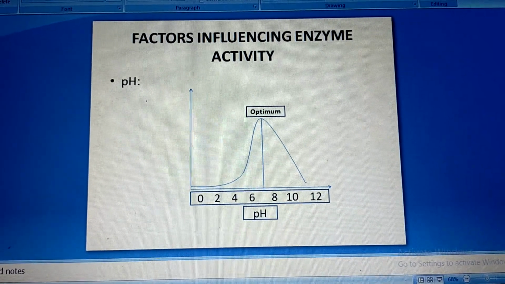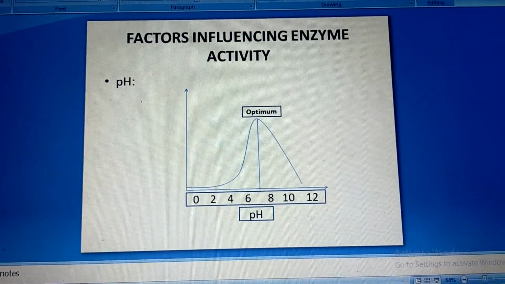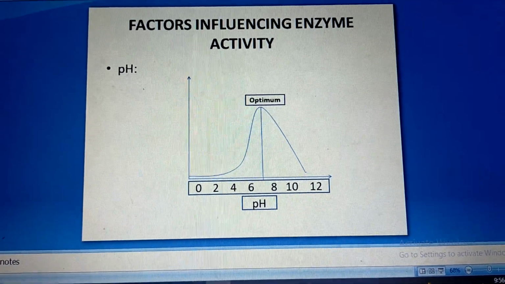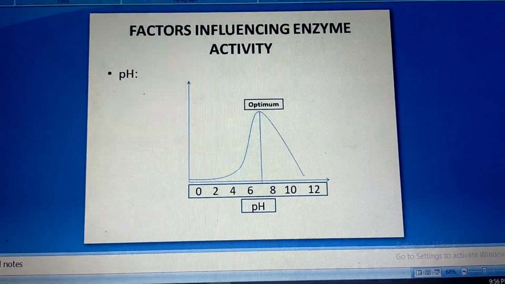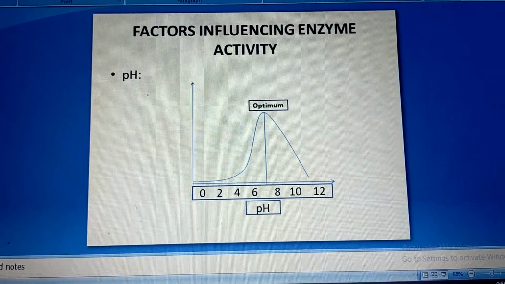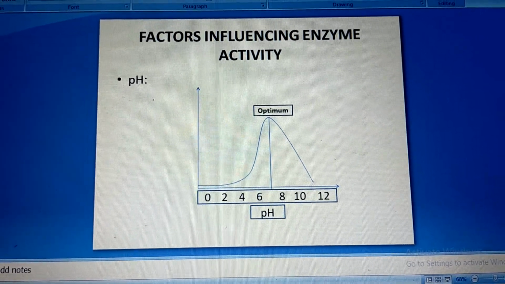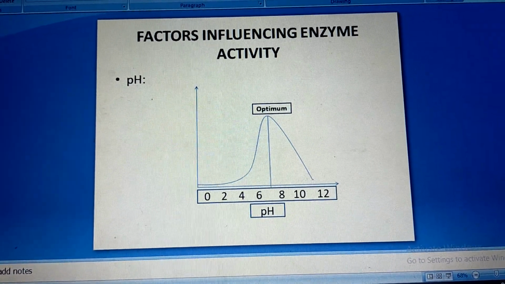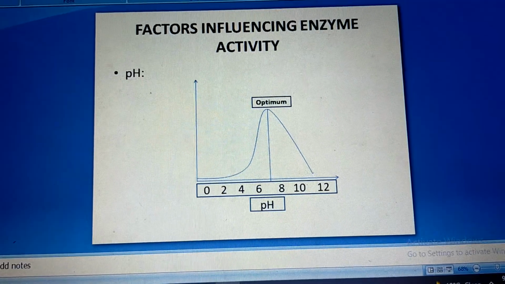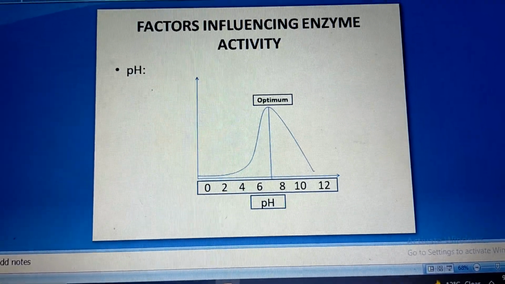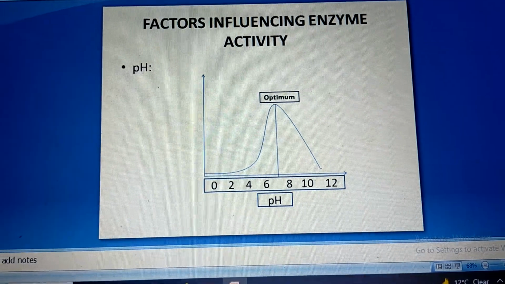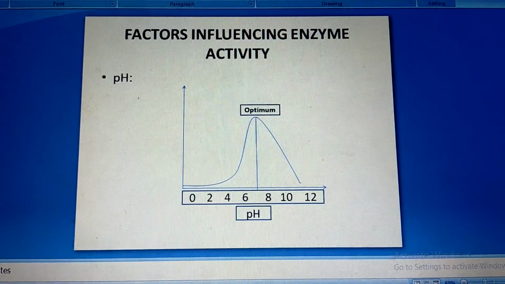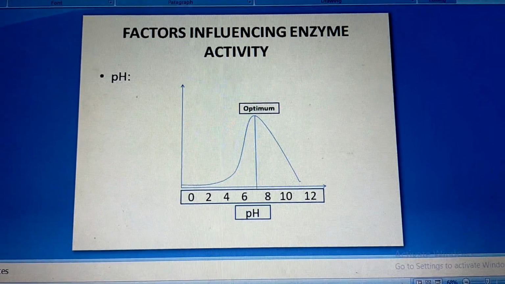At the optimum pH, the charges present at the active site are such that they favor maximum catalysis. If we go away from the optimum pH, either decrease the pH or increase the pH, at that time the charges present on the active site change, and these new charges do not favor the catalysis, and hence if we go away from optimum pH, the velocity of the reaction falls.